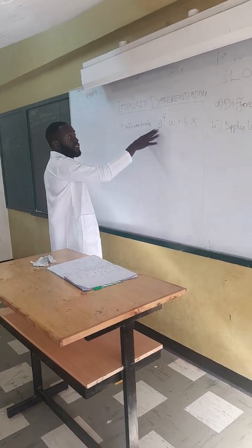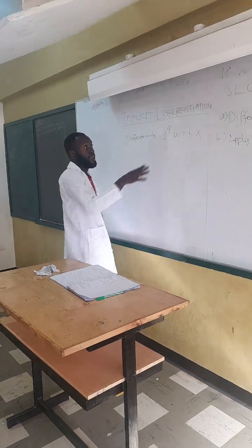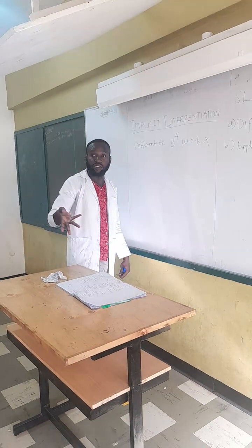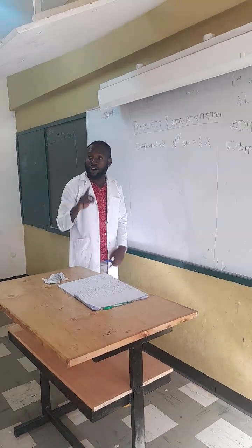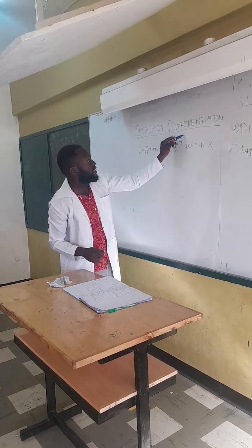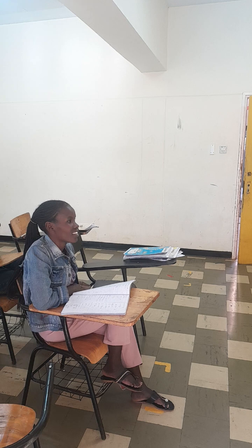So this function has no variable x within it. So how do you go about it? You just use the normal power rule of differentiation. You differentiate it normally, and then you add a component of the variable x. So how do you differentiate this normally? Do you have any idea? Just use the power rule.